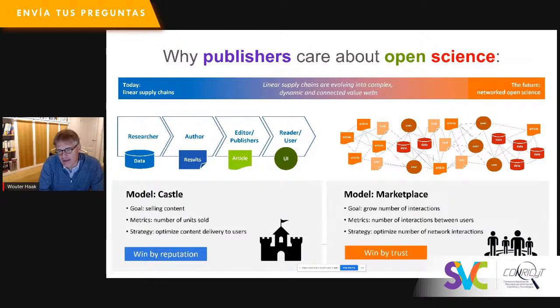The reason for that is that we believe that the future of science, which is actually already happening today, is about the network of interlinked information. Data connects to articles, connects to tools, connects to users. We see open science as a way for you to make faster progress in this ecosystem.